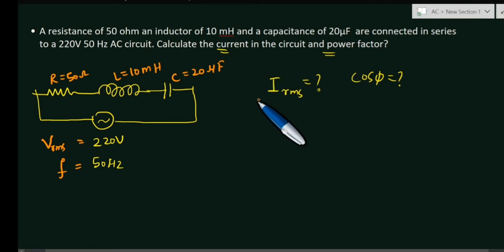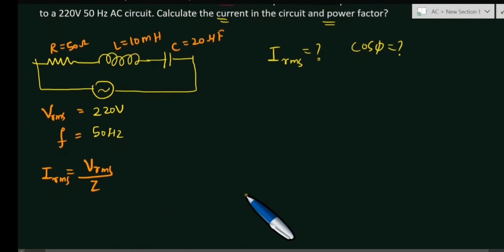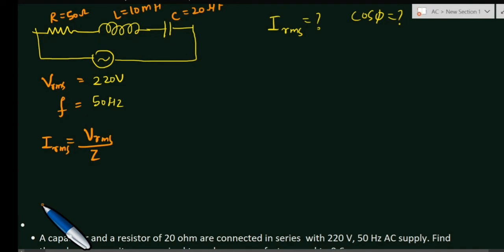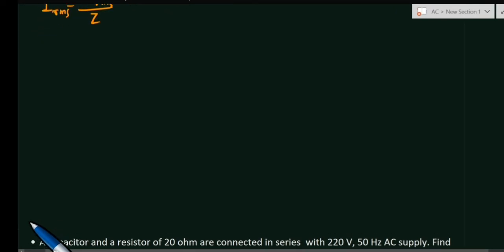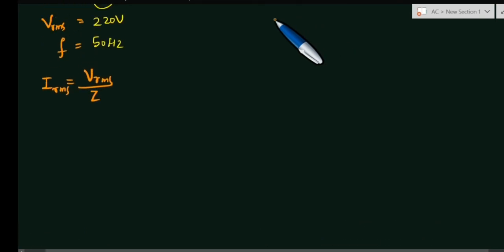To calculate Irms, we have the formula Irms equals Vrms divided by Z. But we don't know the value of Z, so we have to calculate Z first.